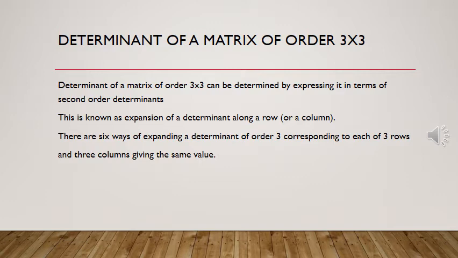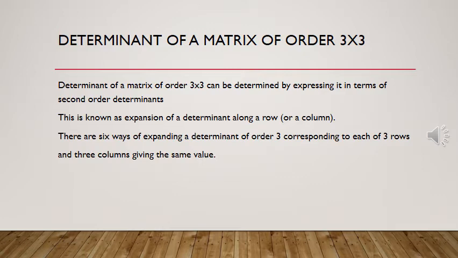We know there are 3 rows and 3 columns. So we can expand the determinant along each of the 3 rows and each of the 3 columns. Suppose we expand along the first row, then second row, then third row, then first column, second column, third column.